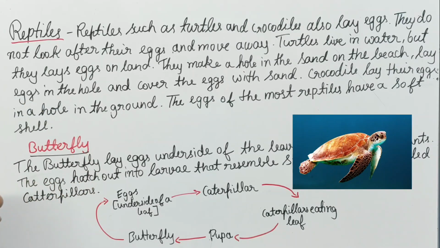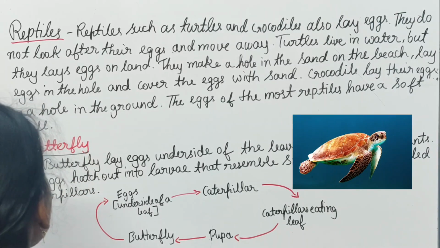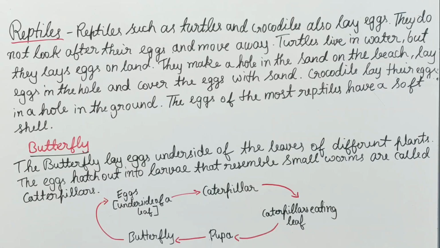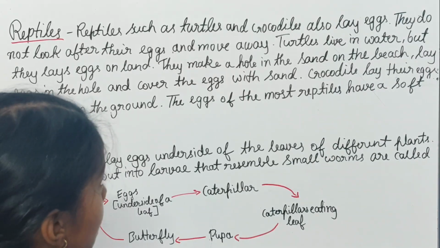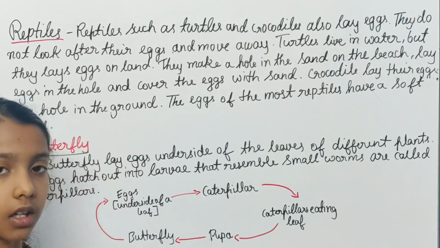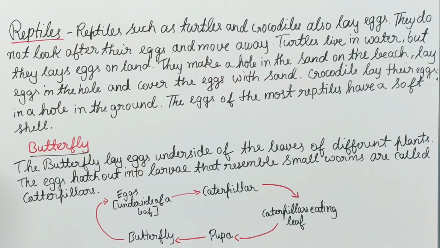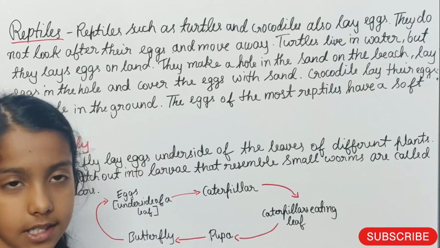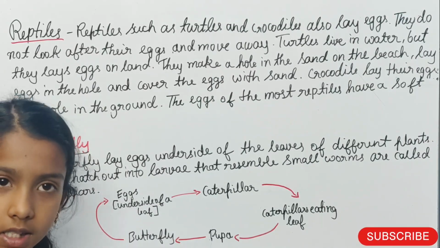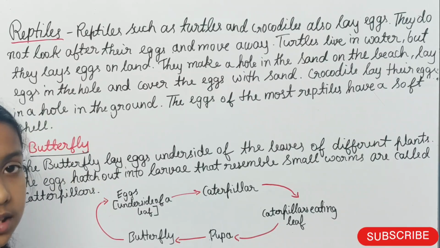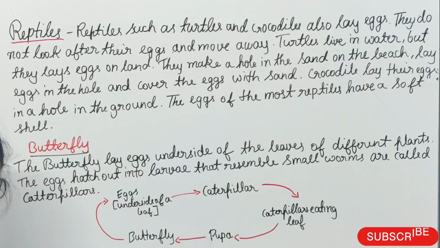Turtles and crocodiles also lay eggs. They do not look after their eggs and move away, like the crocodile. If they lay eggs, they do not sit there and protect the eggs. They move away.